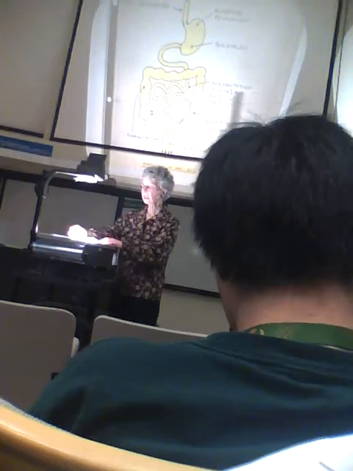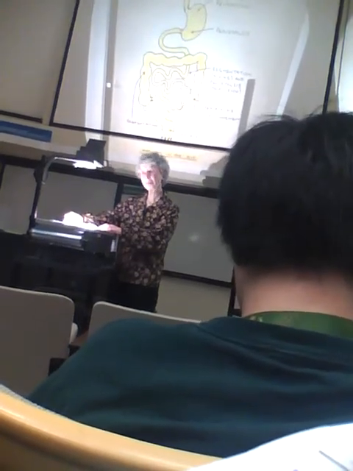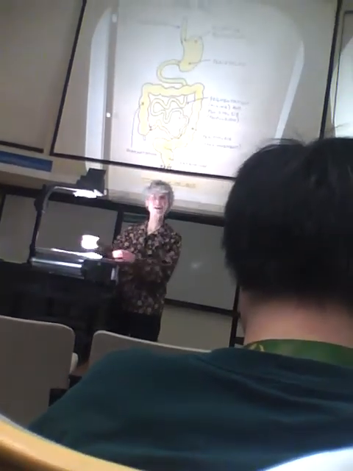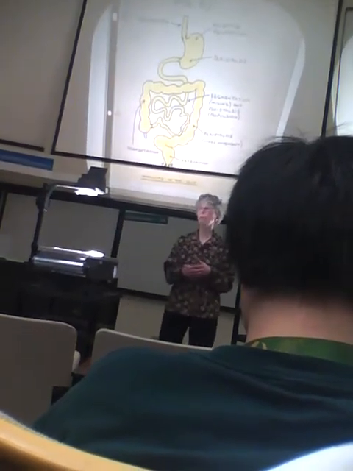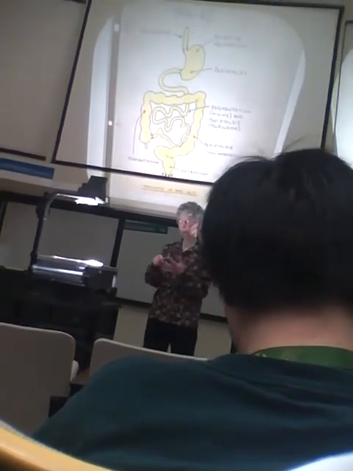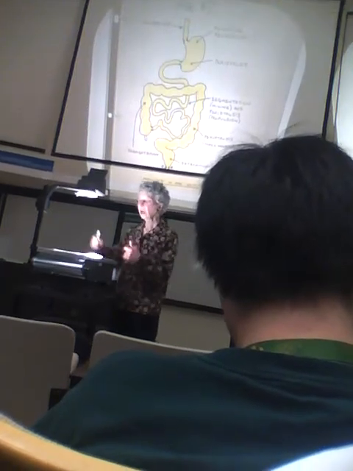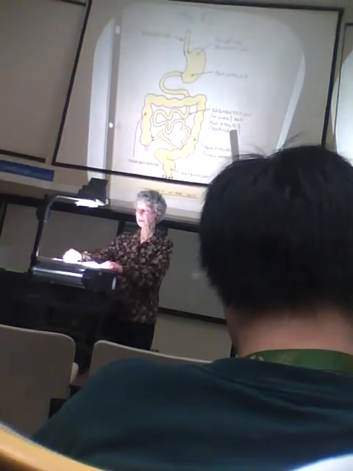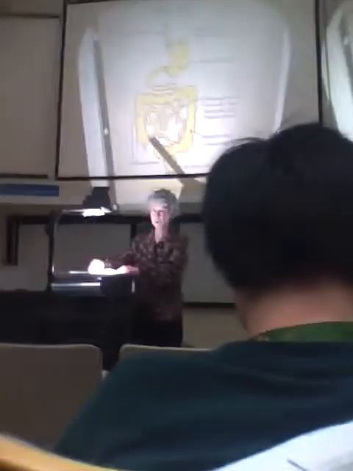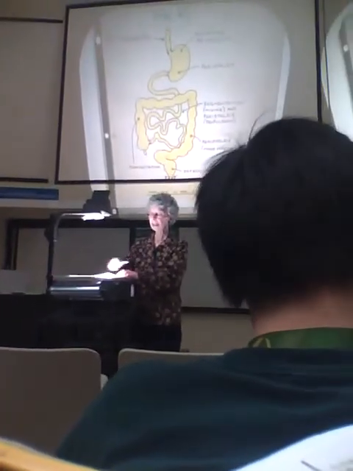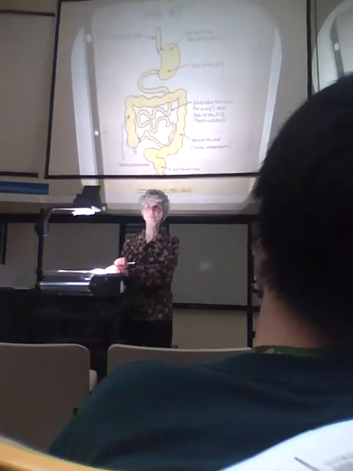Small intestine, probably mainly segmentation for mixing the chyme, it's called now, with the pancreatic juice, the bile, the intestinal juice, and then some peristalsis to push the food on through the ileocecal sphincter and into the large intestine.